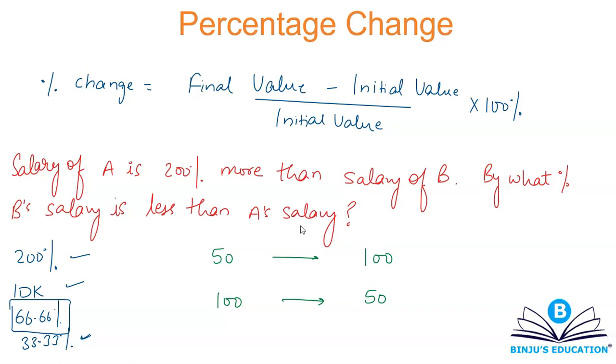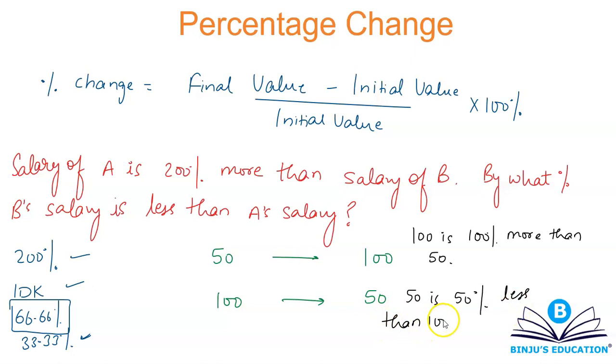The answer is, 100 is 100% more than 50. But if I ask you what is 50 in terms of 100, you'll say that 50 is 50% less than 100.